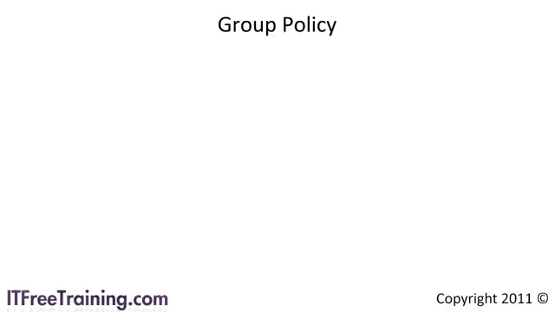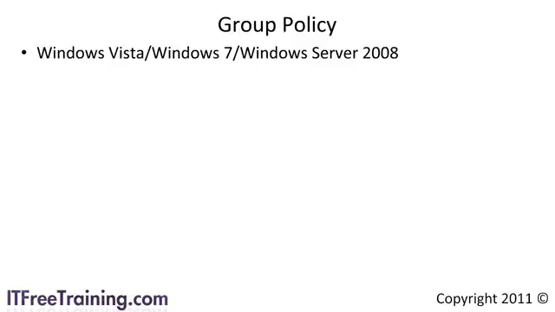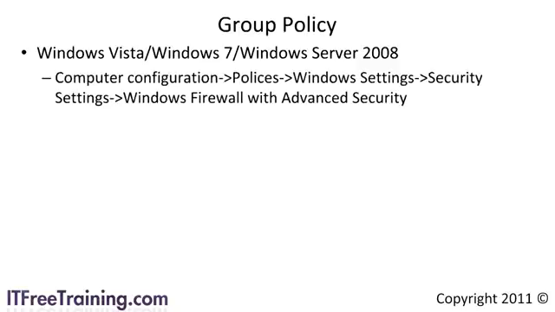With Group Policy for Windows Firewall, there are two different locations to configure Windows Firewall. If you are using Windows Vista, Windows 7, or Windows Server 2008, you can configure the firewall settings in Computer Configuration, Policies, Windows Settings, Security Settings, and then Windows Firewall with Advanced Security.